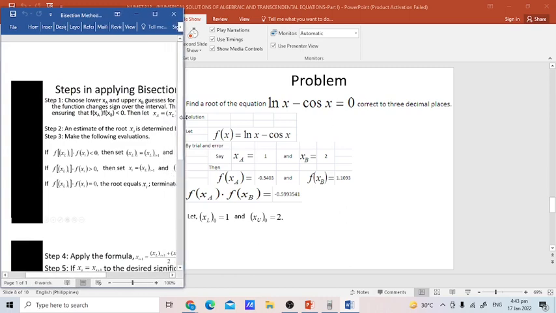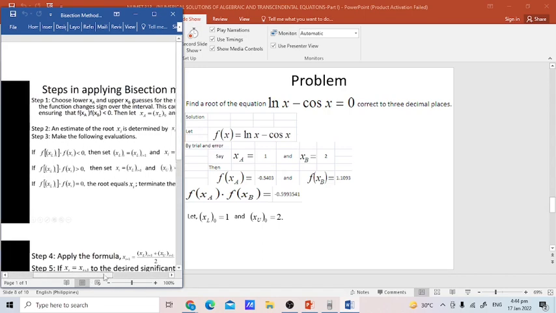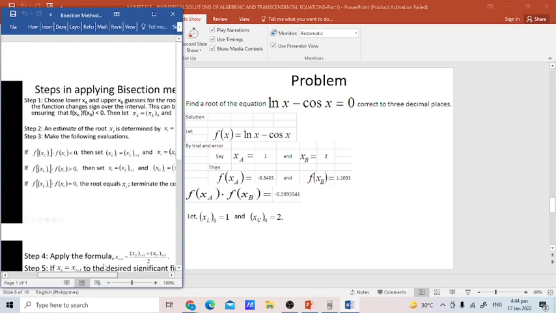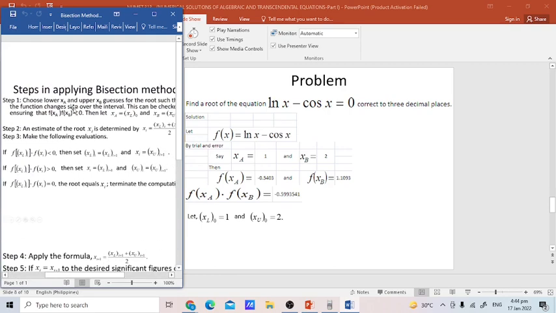So, choose lower x sub a and upper x sub b for the root such that the function changes sign over the interval. We already did that. We chose 1 and 2.